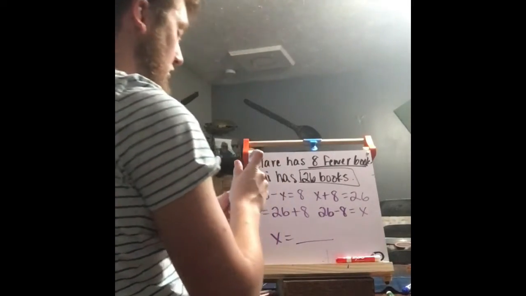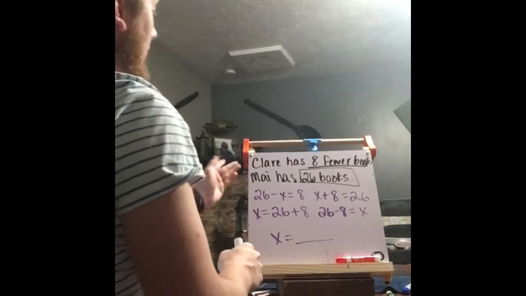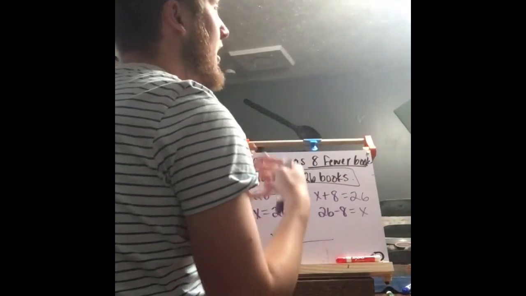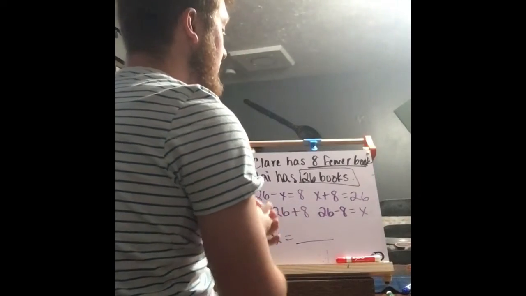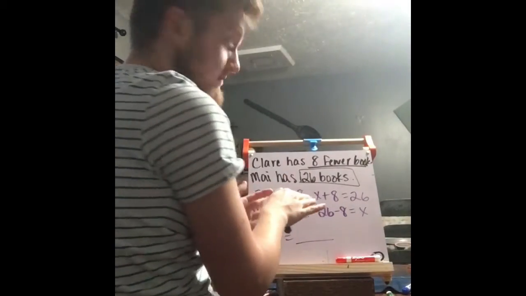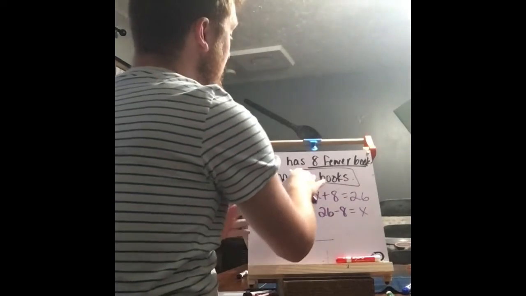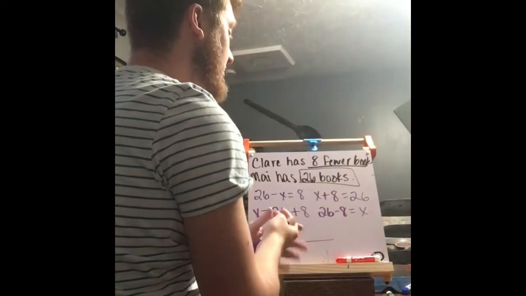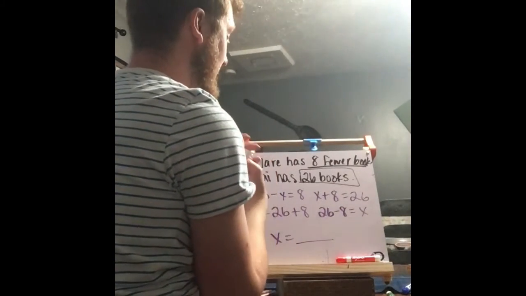Okay? So, just looking at this problem again. Claire has 8 fewer books. So fewer tells me that it is a subtraction problem. So that's telling me that Mai has a total number of books. This is telling me also that if Claire were to buy 8 more books, she'd have a total of 26 books.